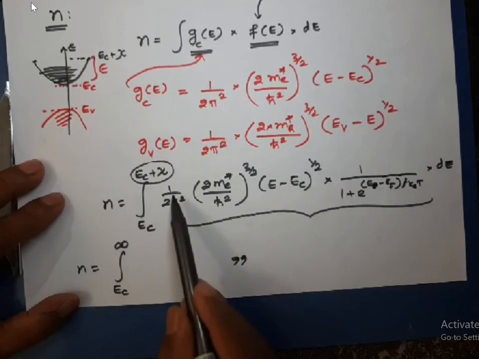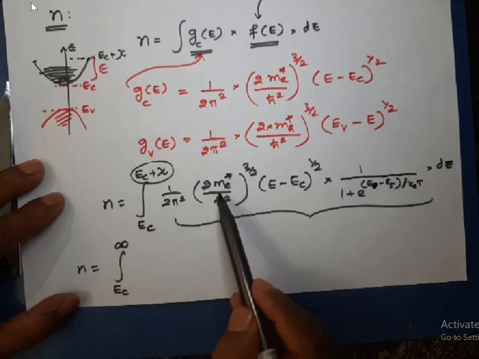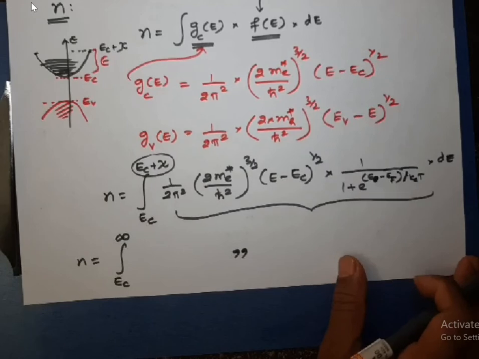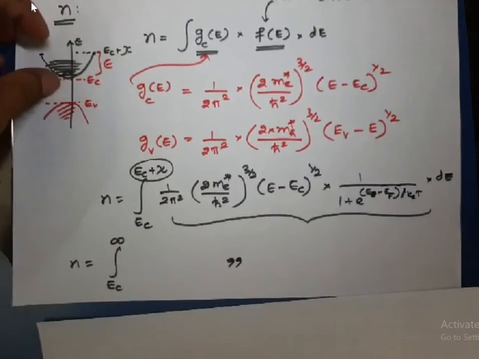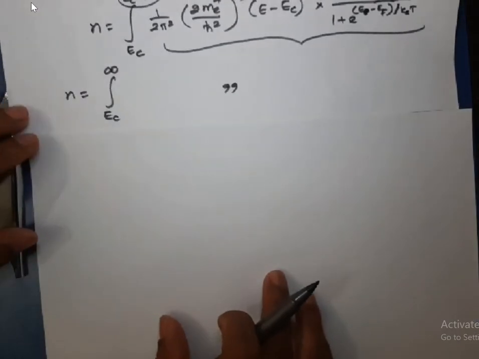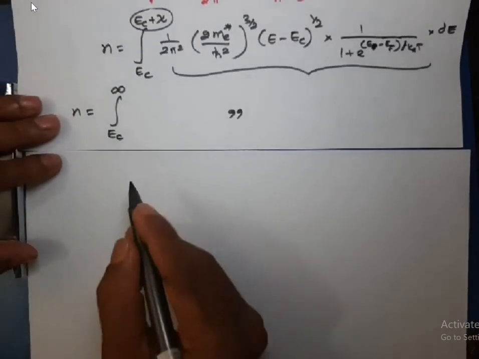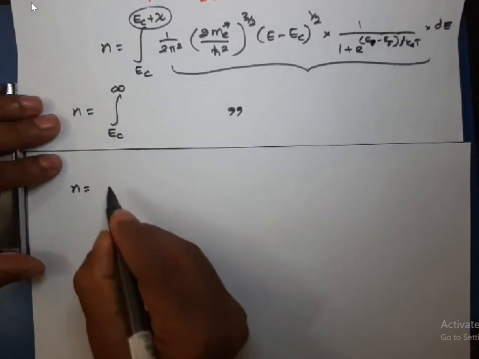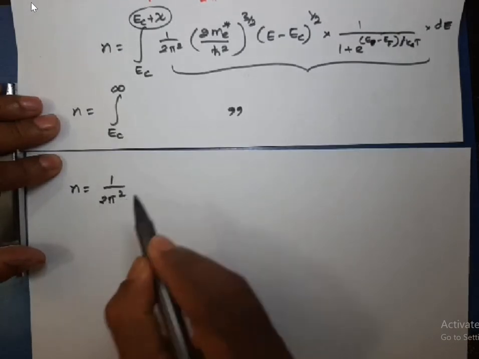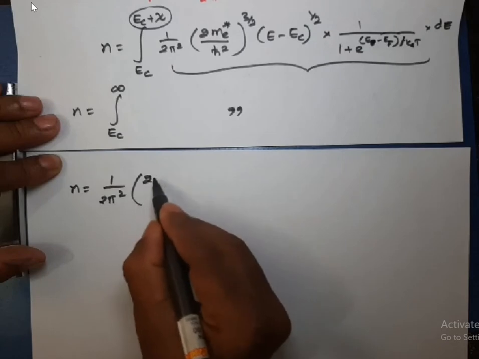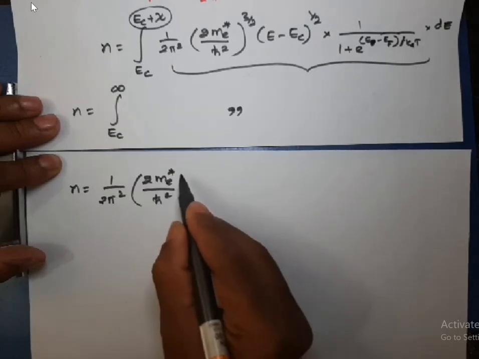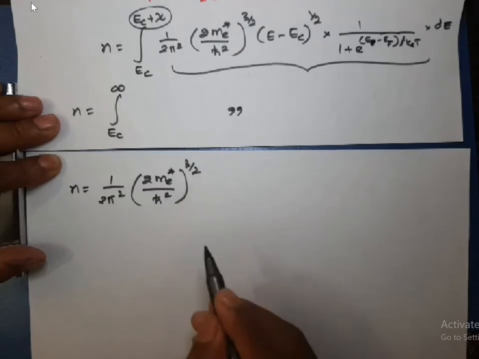Now in this, 1 by 2 pi square and these other values are all constants, so I can take them out. Let me write on the next page. N is equal to 1 by 2 pi square into (2 times the effective mass of electron over h bar square) whole power 3 by 2.